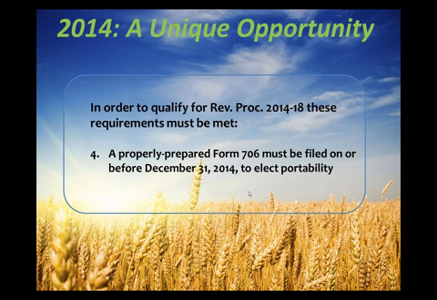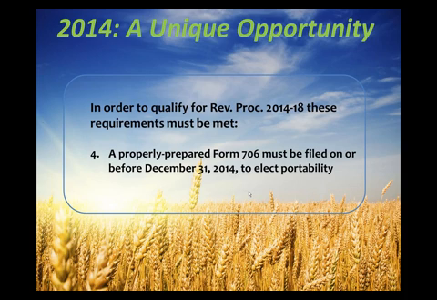Now there is a somewhat streamlined procedure available for filing the 706 just to get portability. So values can be estimated and rounded. If the information is just not available, an estate may want to do that. In most cases it's better to actually get appraisals and valuations done and file an exact, accurate 706.